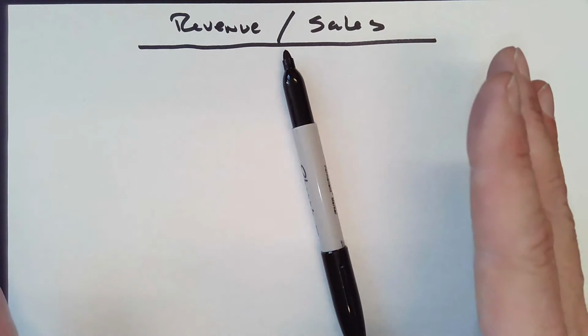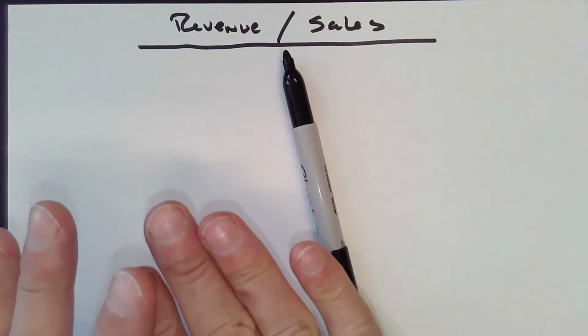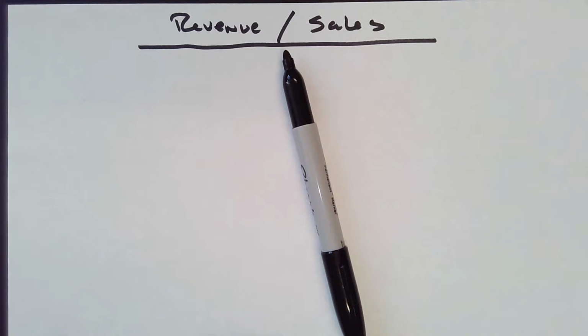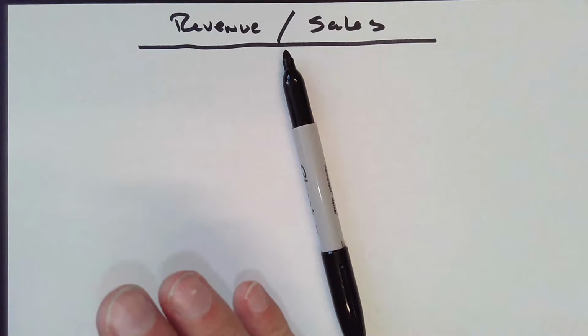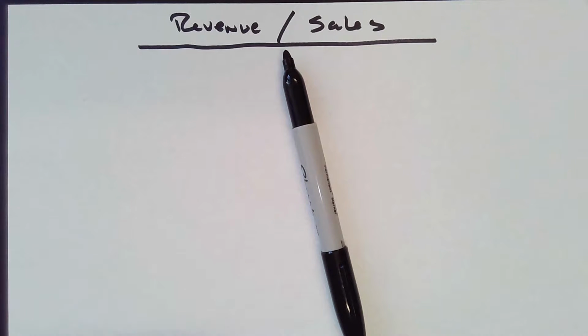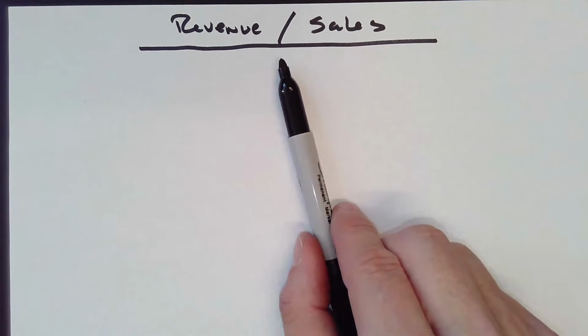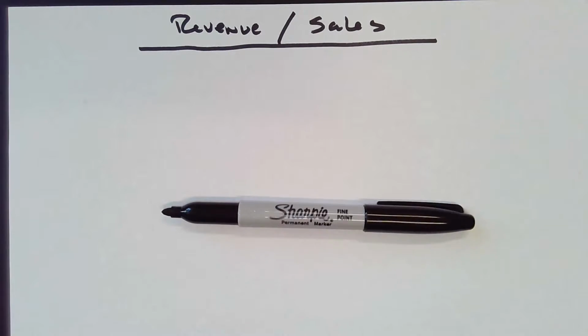But there are standards. There are standards that are generally accepted that organizations should follow so that everyone is recognizing their revenue in accordance with some established procedure, whatever that established procedure is. So what we want to try to do is at least identify what are those procedures.